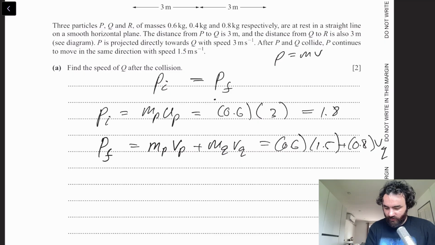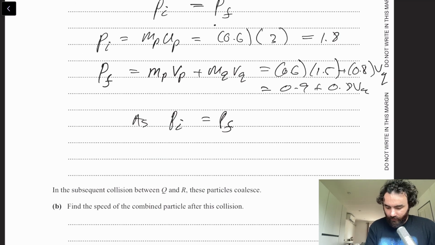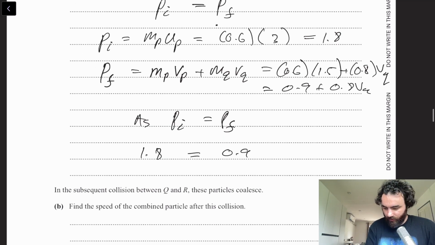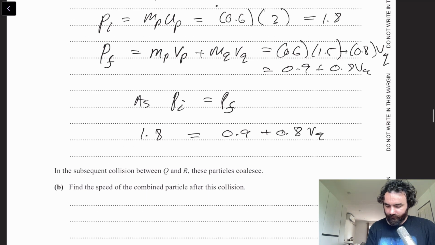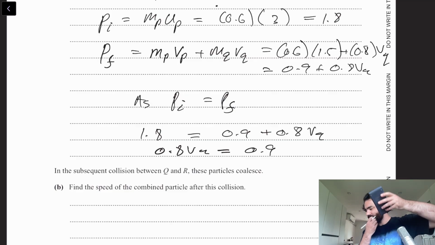As momentum is conserved, PI equals PF, so 0.6 times 1.5 equals 0.9 plus 0.8 VQ. Therefore 1.8 equals 0.9 plus 0.8 VQ. So you take that over, you get 0.8 VQ equals 1.8 minus 0.9, divided by 0.8 gives us what?